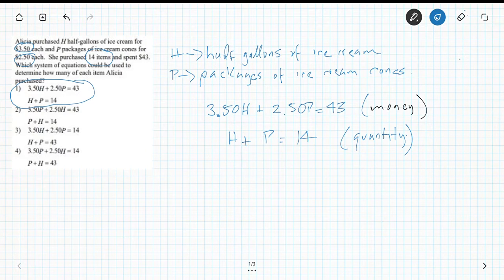Okay, now let's do another problem to solidify this concept, because it can be a little tricky when you're reading these problems. Sometimes you don't know what your unknowns are and whether you're really finding quantity or price. So let's jump and do the next one.